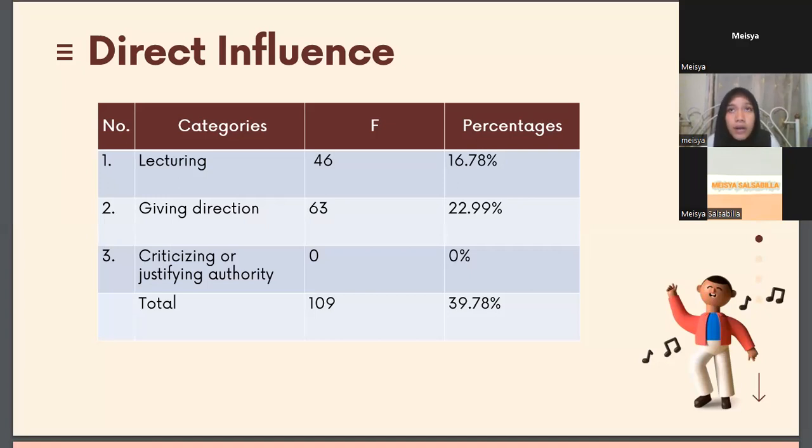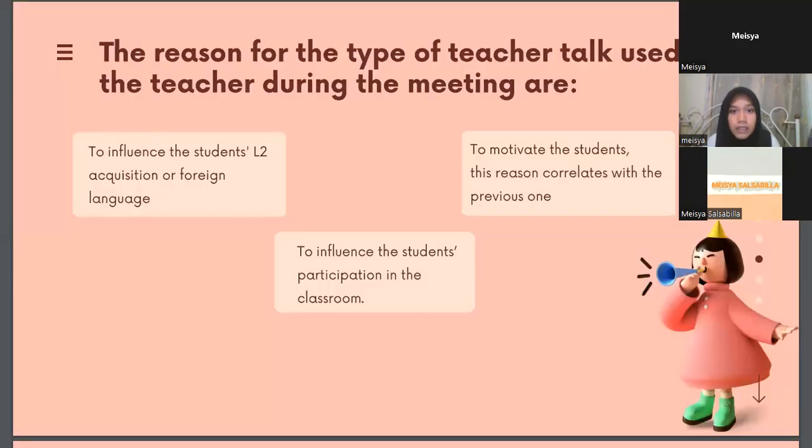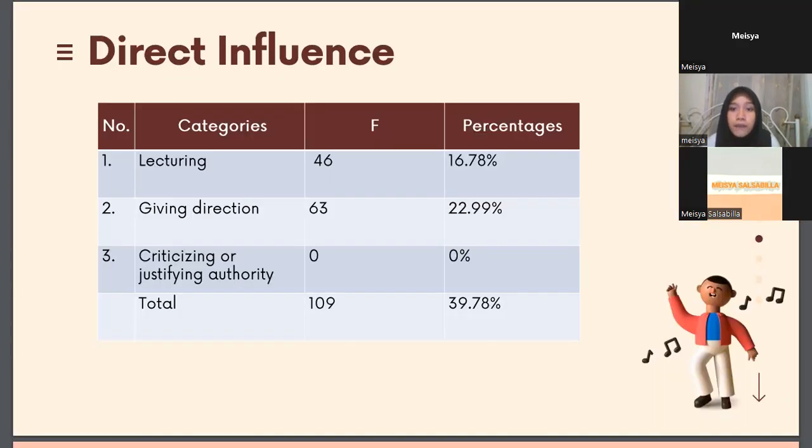The overall talks produced by the teacher were 274 talks, in which the most dominant type of interaction was giving directions with 63 talks or 22.99%, and the least dominant was accepting or using ideas of students with 35 talks or 12.77%.